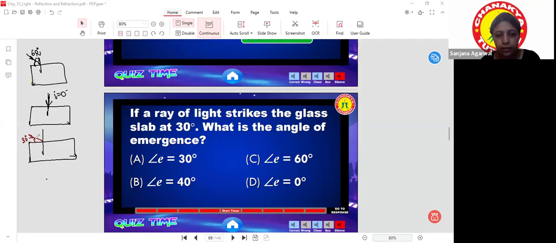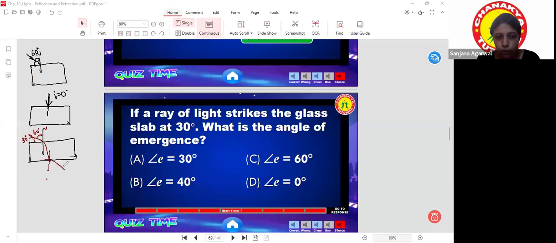Children, first thing, this is not the incident angle. Incident angle is always measured with the normal. This is our incident angle with the normal. Now, a ray of light will undergo bending towards the normal as the medium is getting denser. Again, at the second interface, light has to move from denser to rarer, so it will go away from the normal.